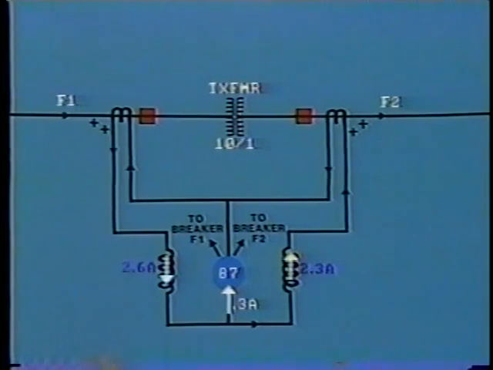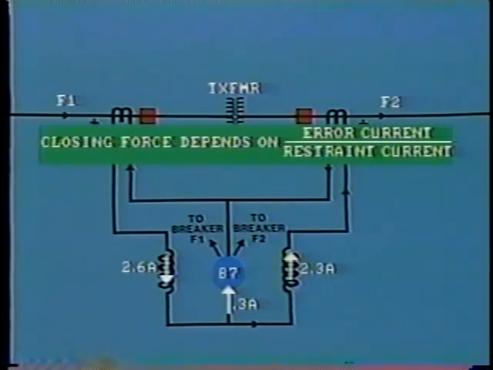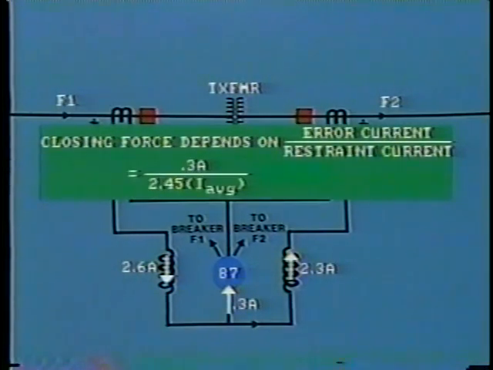of the operating coil. The actual closing force on the tripping contacts depends upon the ratio of the error current to the restraint current. In our example, that is 0.3 amps error current divided by 2.45 amps, the average secondary current, equals 12.2%.